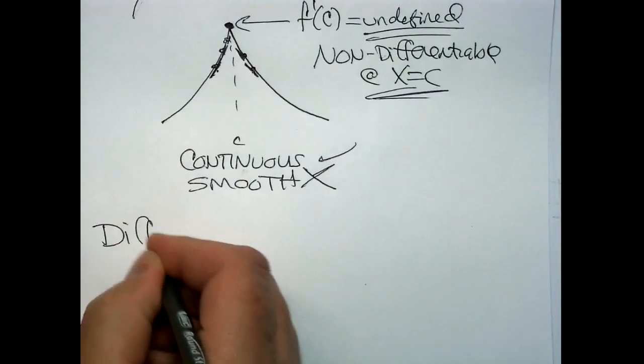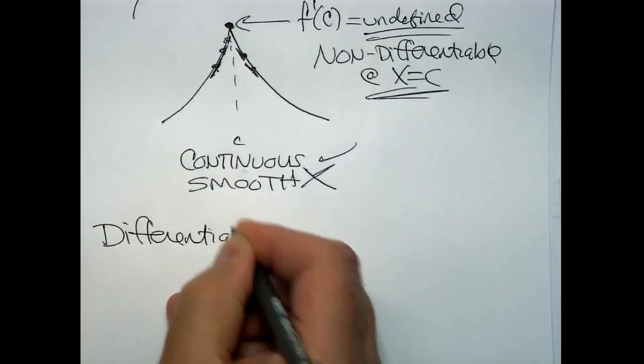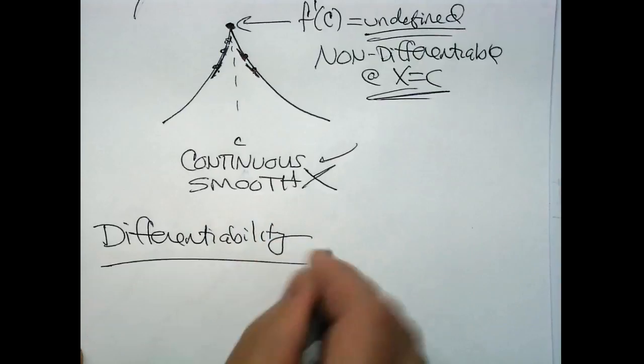So differentiability. It's an interesting word. It does not mean you're able to find the derivative function. We should be able to do that. It's when you plug your x location into the derivative. If it becomes undefined, it's trying to tell you something.